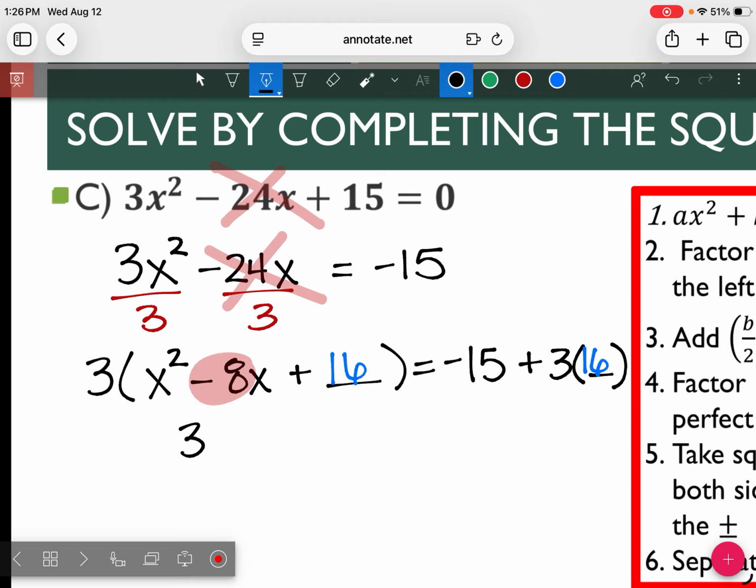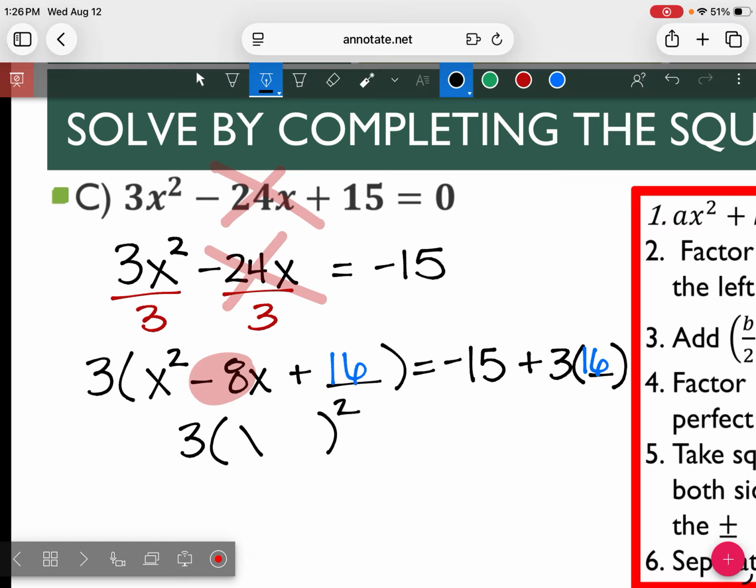I'm going to have a 3 times something squared. So 2 numbers that multiply to be a positive 16 and add to a negative 8 is what? I just told y'all the shortcut. Positive 4 or negative 4?